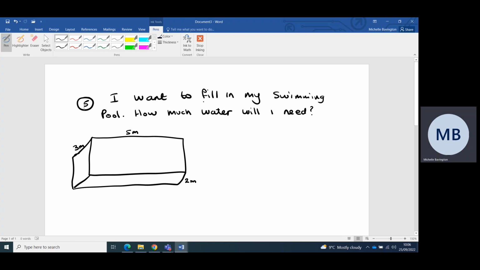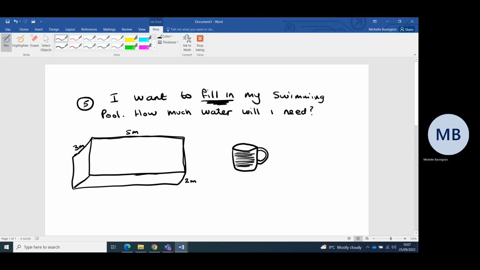When you're filling something in, it's like a cup. Let's draw my cup. I'm not great at drawing, but there's a cup. You get the idea. It's like a swimming pool, isn't it? You've got to fill it up and the water's going to the top. Perimeter would be around, just around the swimming pool.